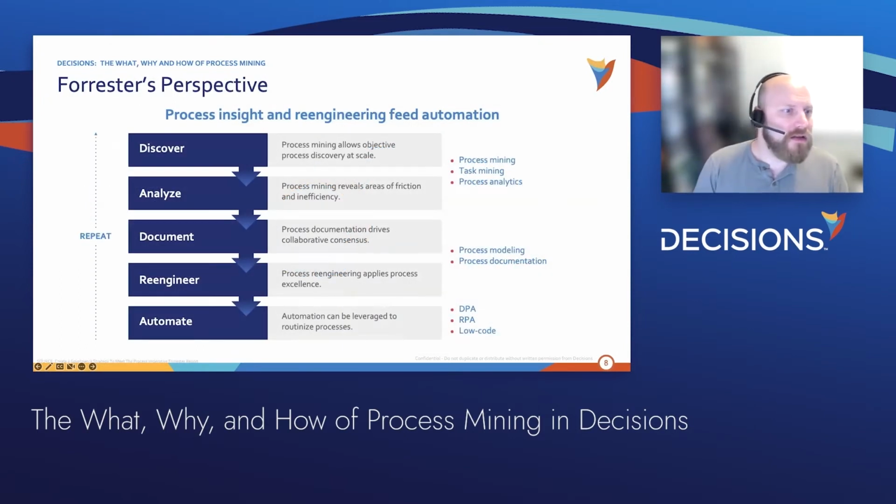So let's take a look a little bit at how Forrester looks at process mining and how it comes into play, right? We can see here they've broken it down into 5 steps of discovery, analysis, documentation, reengineering, and automating, where process mining sits at the discovery and analysis level, where we can see here's what the process is, here's what the process is doing, and then document that and use that to drive changes to the process where there may be inefficiencies, and to drive automation to help make that process run better.